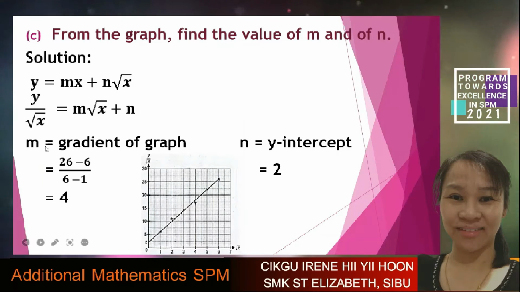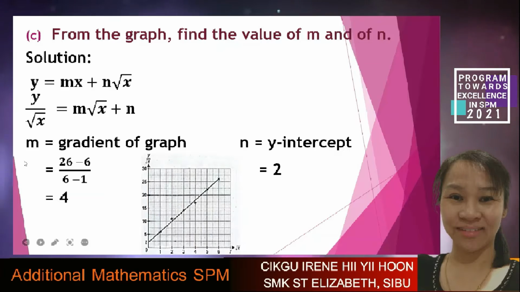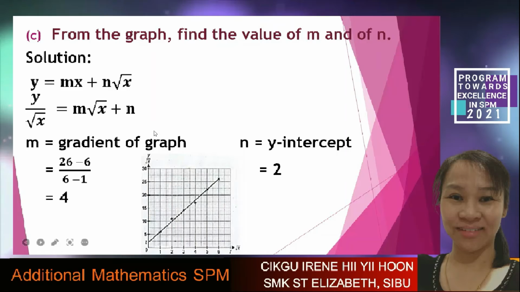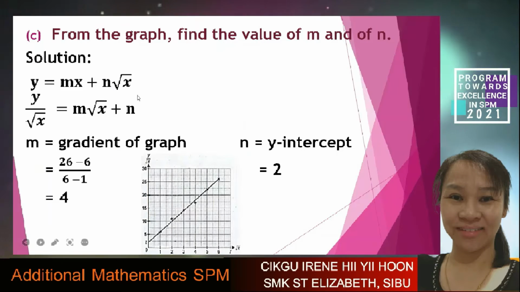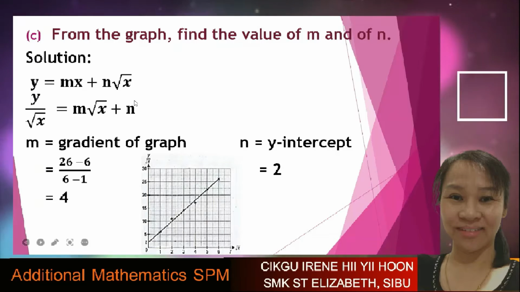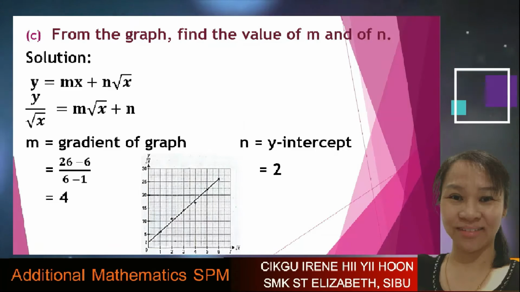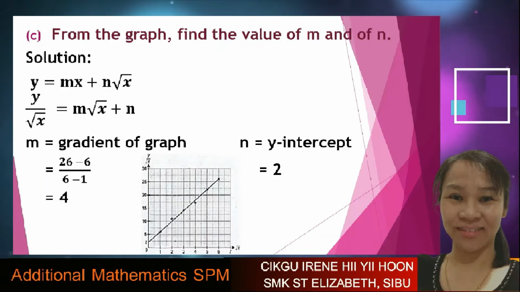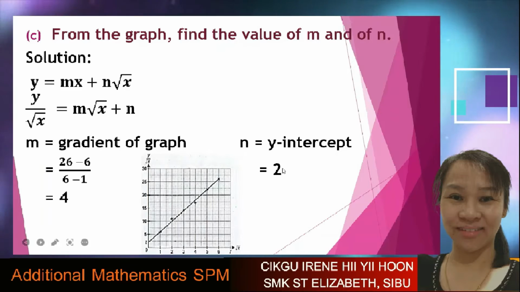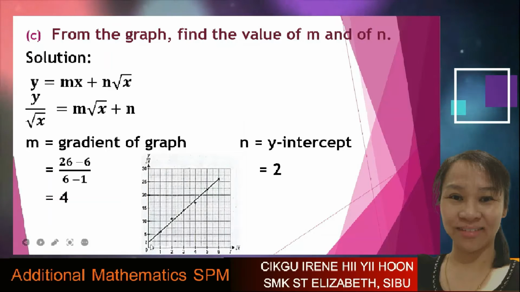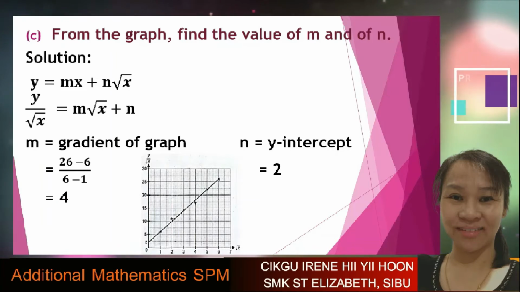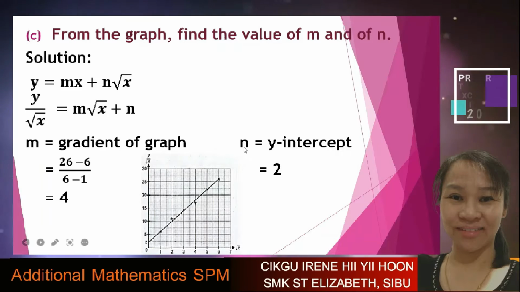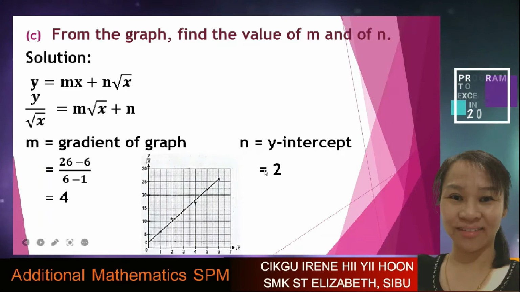So that means the value of constant m is 4. Then now let's look at the constant n. From the equation, n represents the y-intercept. So by referring to the graph, the value of the y-intercept is 2. So that means the value of n is 2.